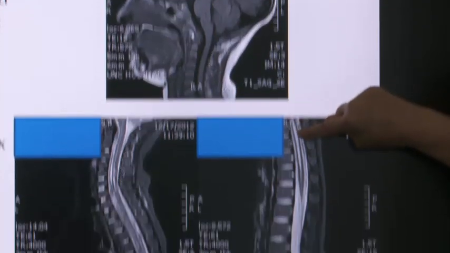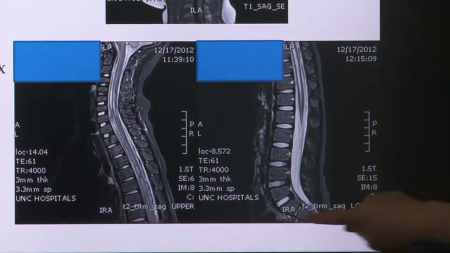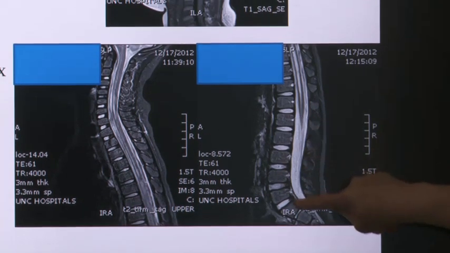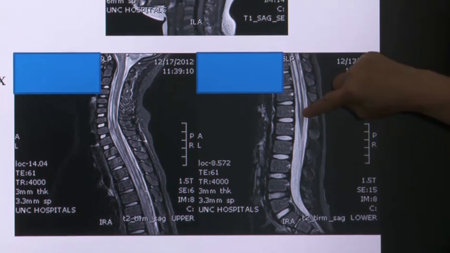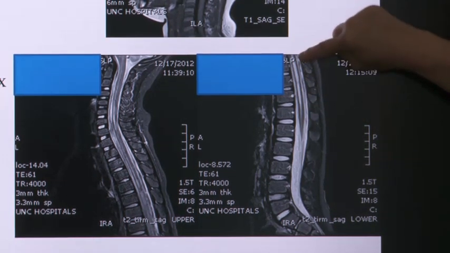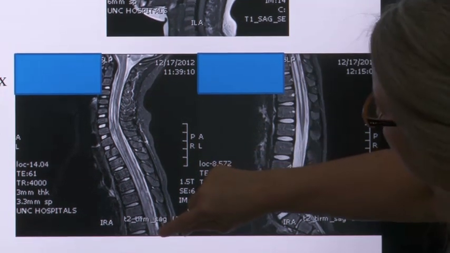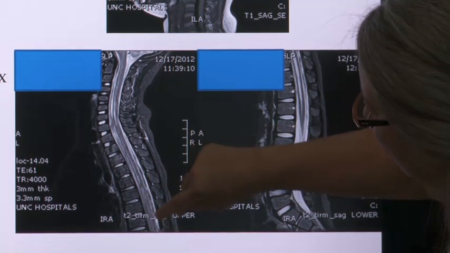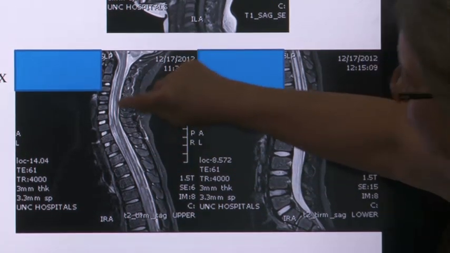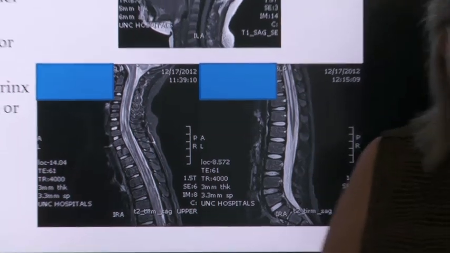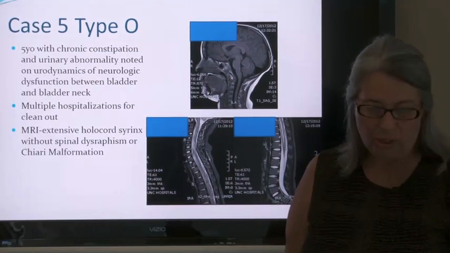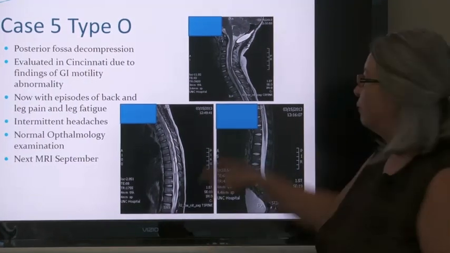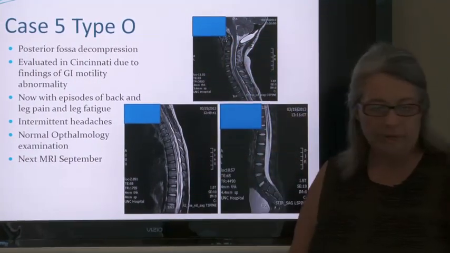However, you can see down here in the lower part, this is the lumbar region of his back, and here's the tip of his spinal cord, and you can see that this syrinx comes very low, and then this is a different angle, but coming up through the thoracic and the cervical, and you can see the syrinx all the way up. And so we decided to do a posterior fossa decompression for him.